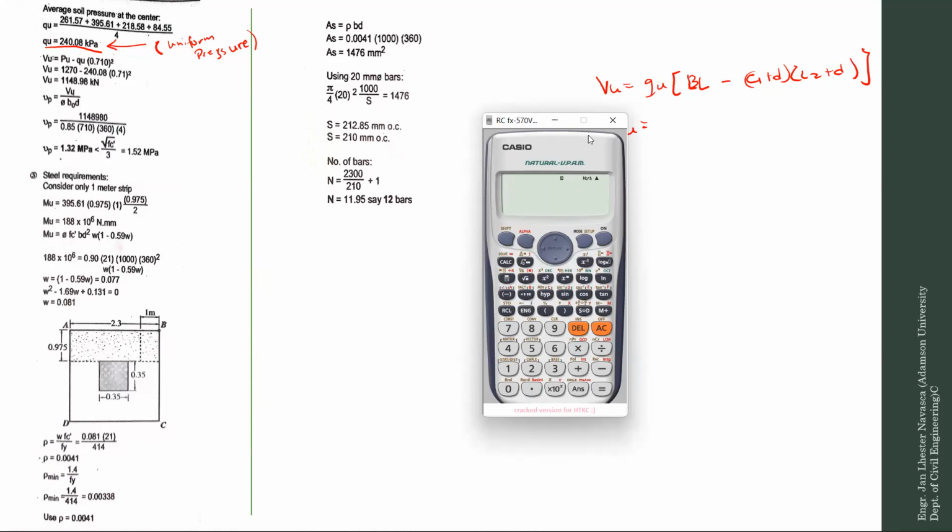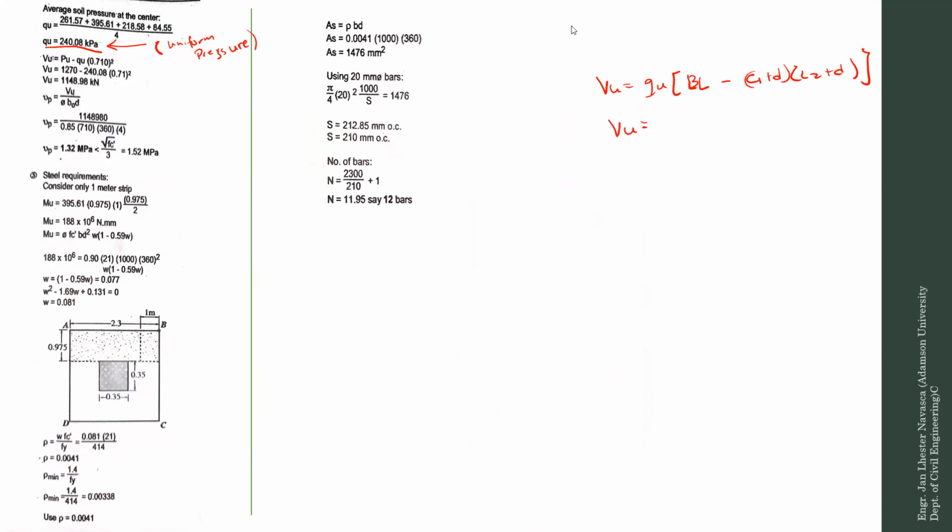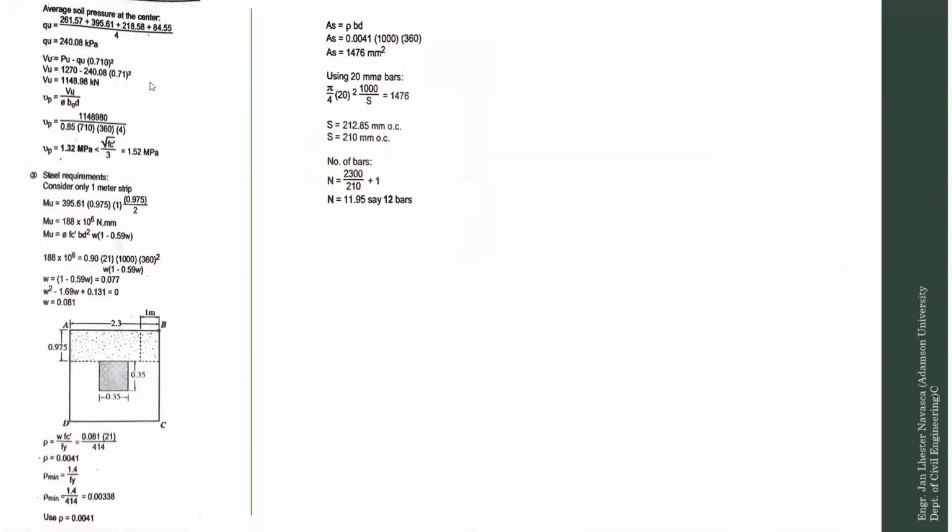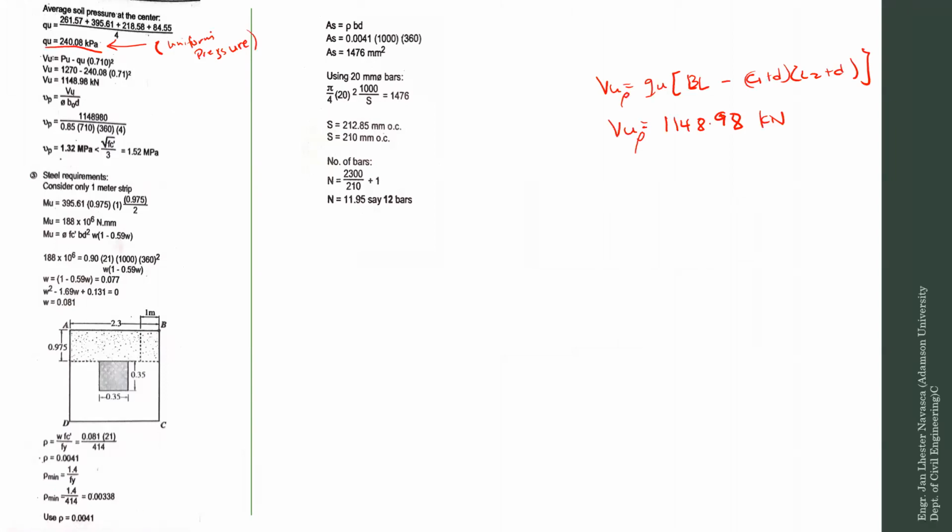Okay. So yan yung how to solve for your V sub U sub P. Okay, so 1148.98. And therefore you have your V sub U, V sub P, which is 1.32 MPa.